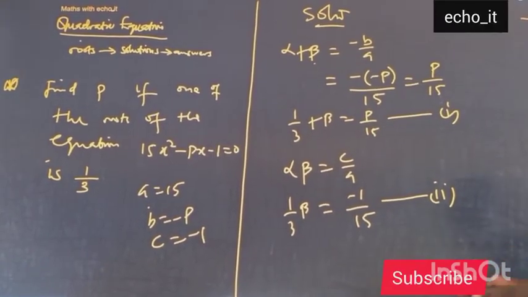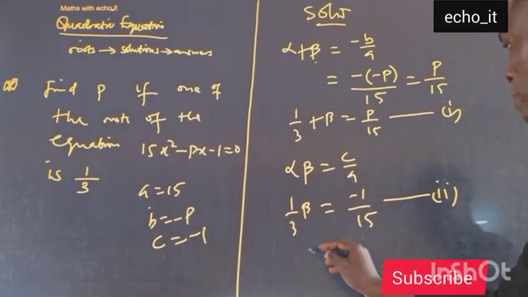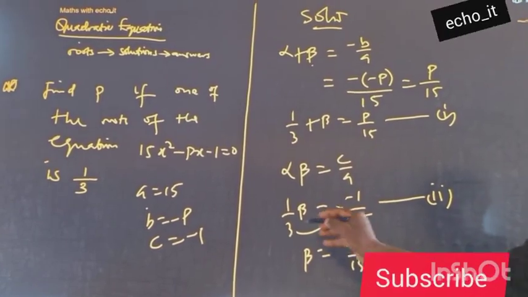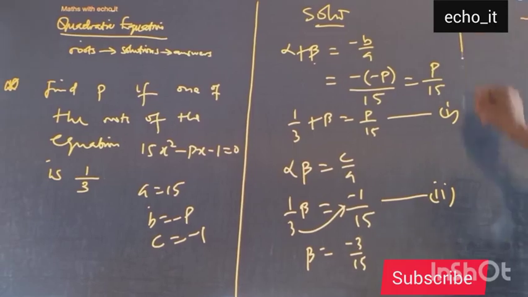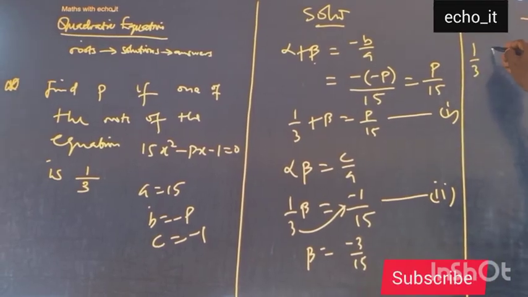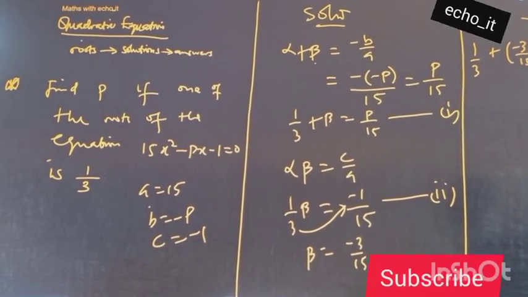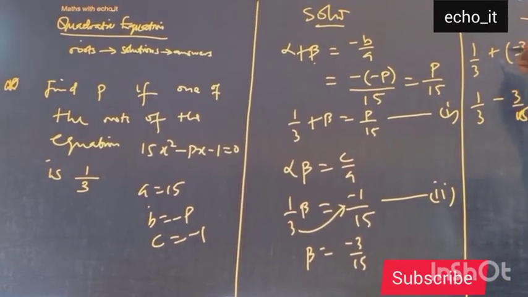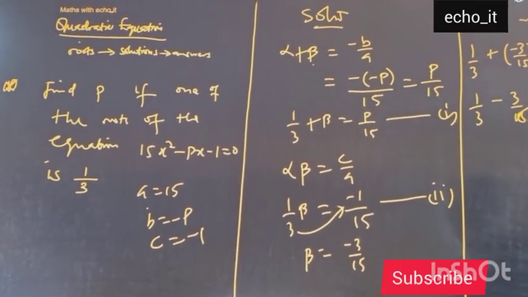So you're going to combine them. From here, beta will be minus 3 over 15 if you cross multiply. So if you put it in here, you have 1 over 3 plus minus 3 over 15 equal to p over 15. We have 1 over 3 minus 3 over 15 equal to p over 15.